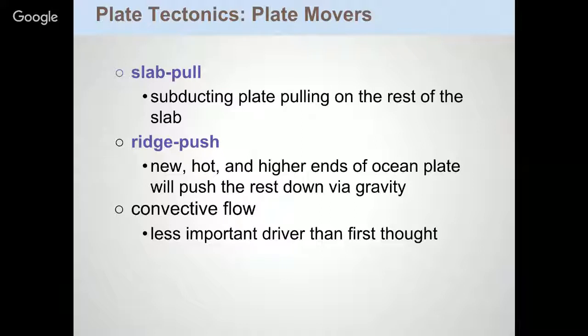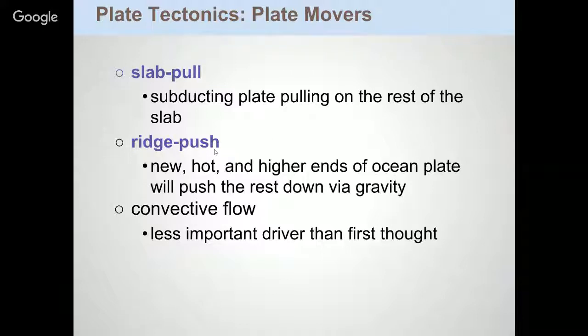A lot of time we attribute it to slab pull, which is the subducting slab, the slab that's going down into the earth. It's pulling down the rest of the slab with it, very much like a blanket hanging off the edge of your bed and sometimes pull the rest of the blanket off with it. And then this idea of ridge push.